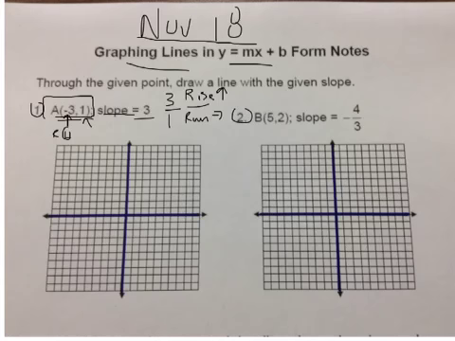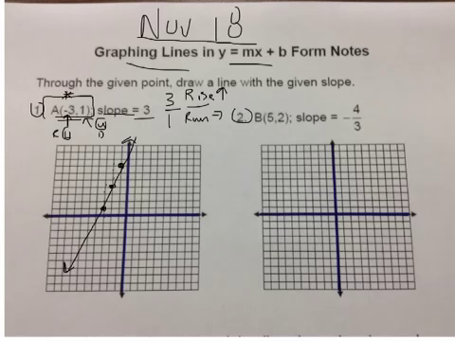The second dot tells us to go up or down. Since this is positive, that's going to be up. So we start here, which is left 3, up 1. So 1, 2, 3, up 1. There's our dot. And then we count out the rise of 3, so that's up 1, 2, 3, over 1, and then we'll be able to draw our line.